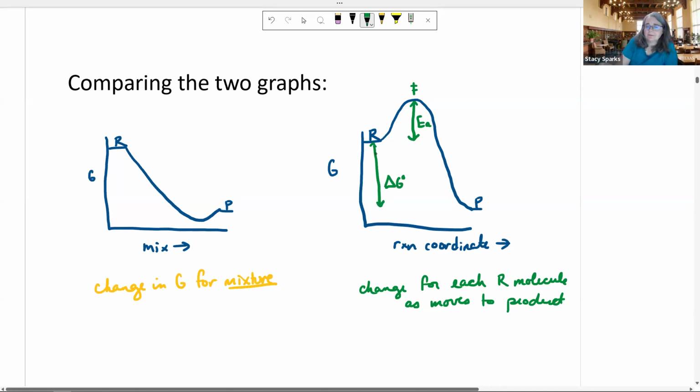So over here on the left, we're looking at the mixture as a whole, but over here on the right, we're looking at it more individually. If you thought about it over here on the left, you could picture as each of those reactant molecules converted, there'd be this little hill for that one molecule, right? We don't see them in that, but that's the idea, that each one of those is going from reactants to products.